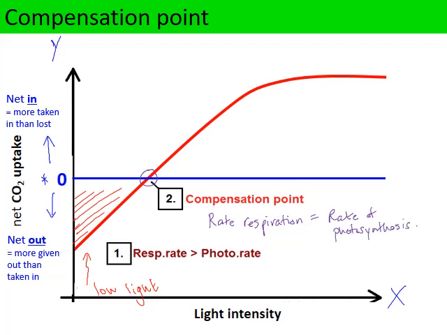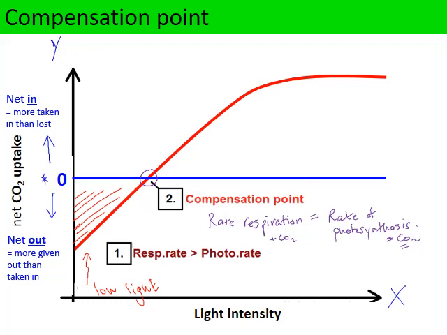So the CO2 being produced from respiration is equal to the CO2 being used up or fixed in photosynthesis, or the Calvin cycle. So we call that the compensation point.